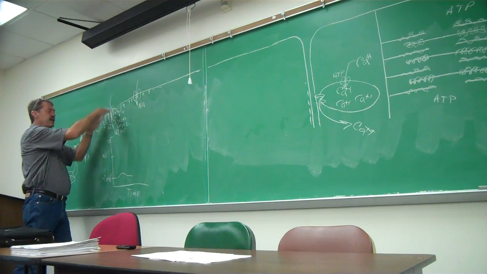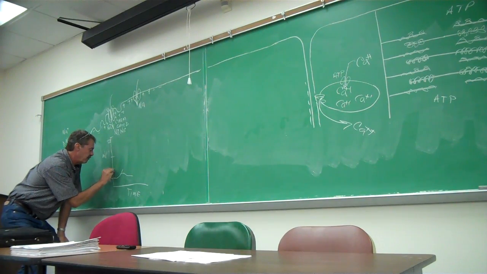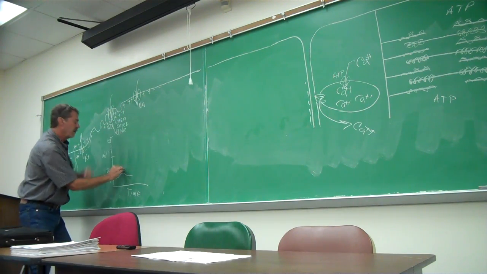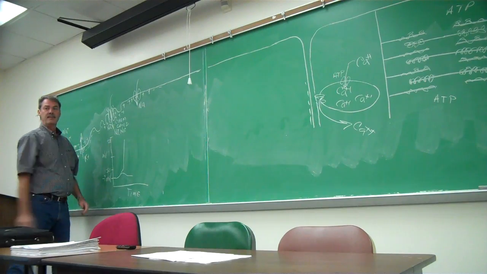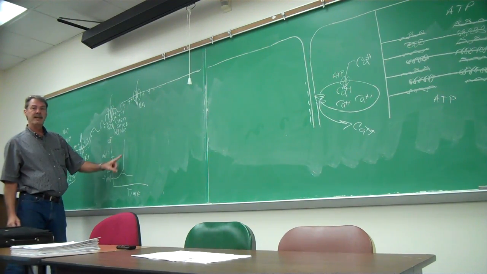If I get enough sodium in, it reaches what's called a threshold, which is about minus 50. Once it reaches threshold, boom, all these start to open, and you get a big rush of sodium. So the voltage goes positive on our meter.